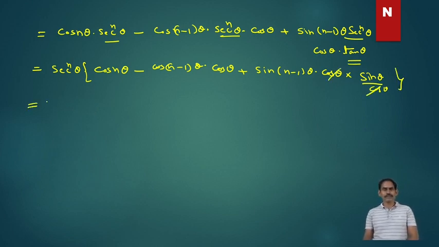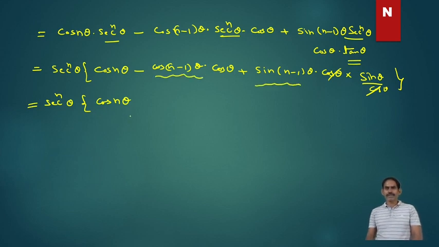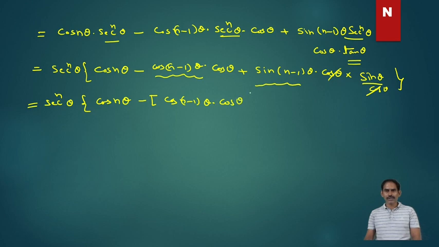After that, secant power n theta, and in these two a minus term is common. So cos n minus 1 theta into cos theta, and in these two, with the minus written outside, this will be sin n minus 1 theta into sin theta.